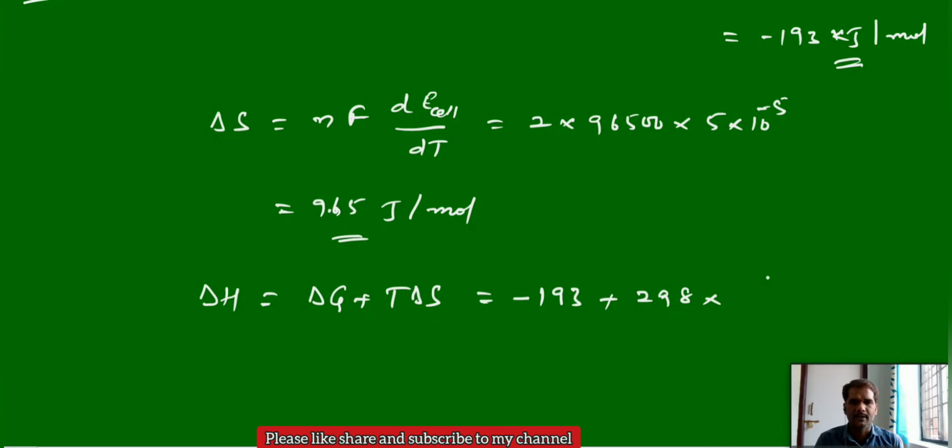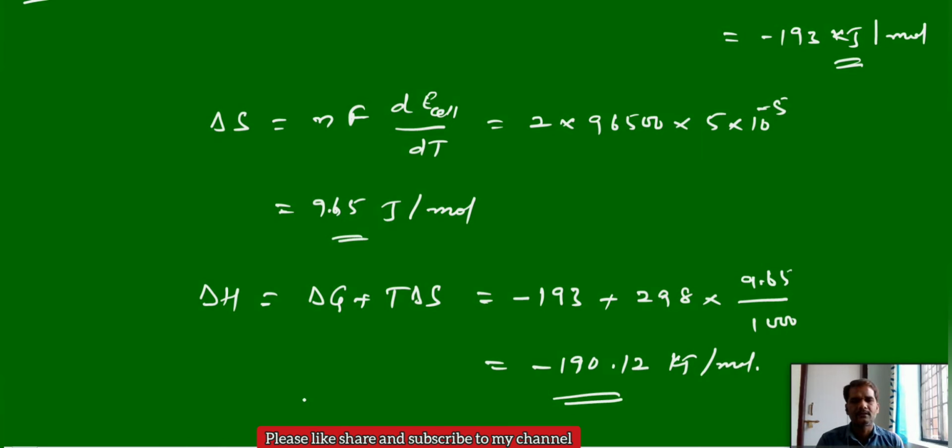If we convert 9.65 into kilojoules, take 9.65 by 1000. You simplify this and you will get minus 190.12 kilojoules per mole. And this is the delta H.